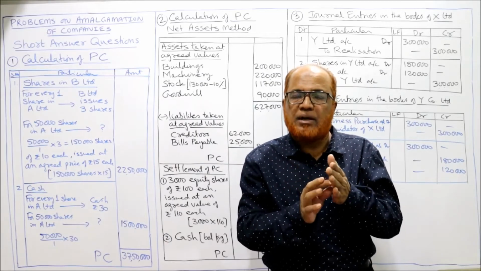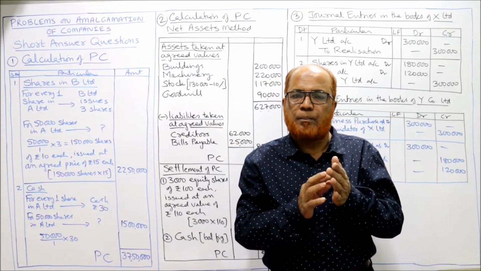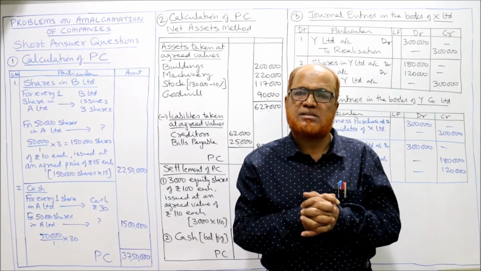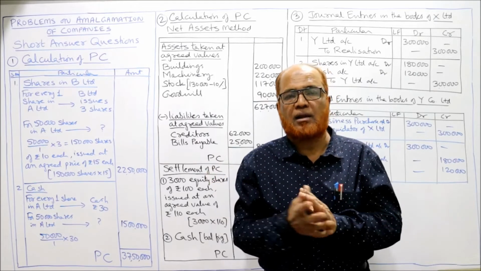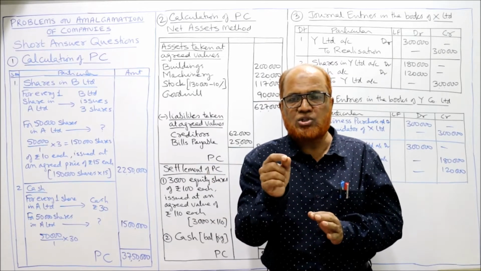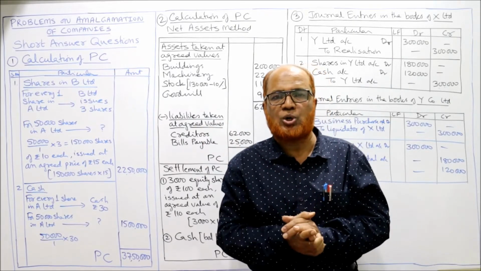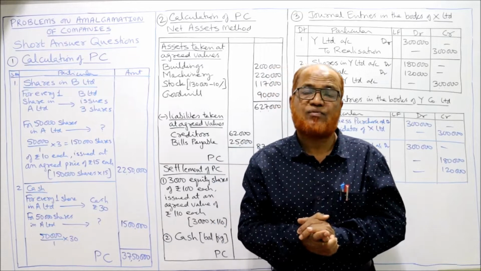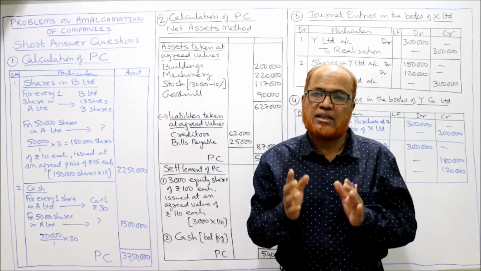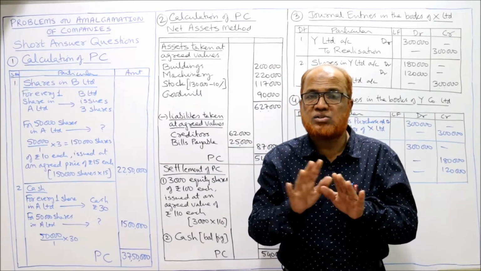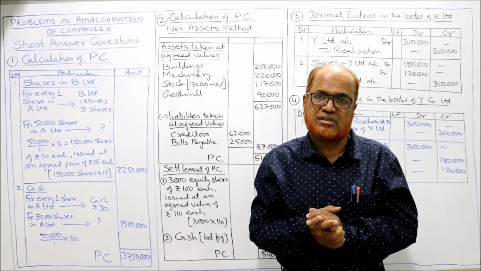That's why payment made to debenture holders or payment for liquidation expenses will not come under the calculation of PC. Only the item paid to the equity shareholders of the transferor company will come. That point we have to remember. Debentures will not be taken in the calculation of PC.